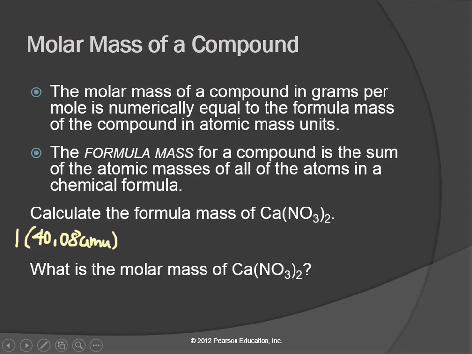We're talking about 1 formula unit here. How many nitrogen atoms are in this formula? 2. So 2 times the mass of 1 nitrogen atom. And how many oxygens? 6. Each oxygen atom weighs 16 atomic mass units, and there are 6 of them.